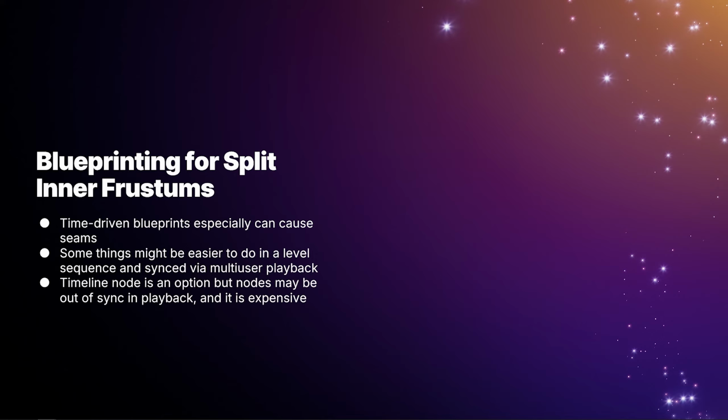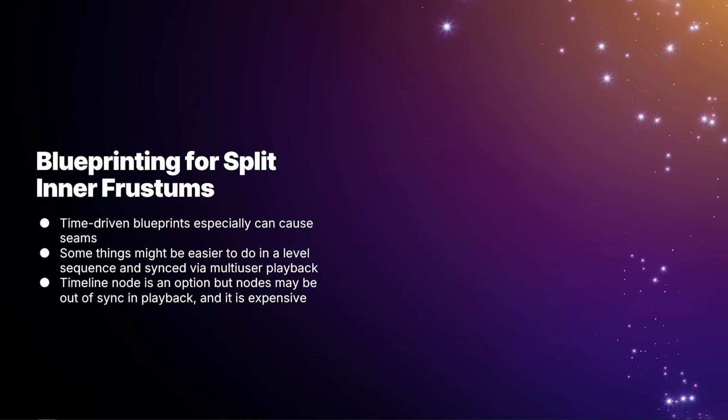So, blueprinting for the split inner frustum, I think it's usually the ones that are driven by time that are most likely to have seams in them, where some might be slightly off, especially if it's doing something on the transform, like the translation or rotation. Some things might be easier to do using Sequencer if you need very precise timing.